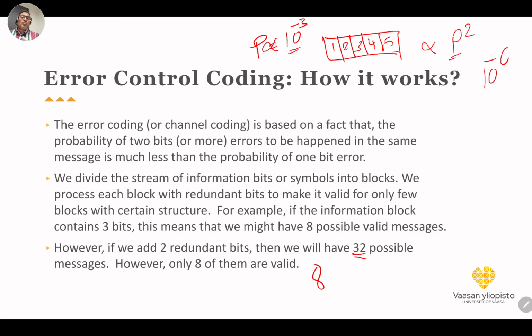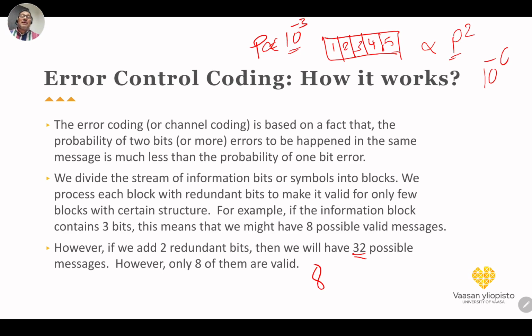Of course it will be 5 times this, but let us ignore this now. And the probability to have 2 errors in one packet of 5 bits is about one in a couple of million packets.